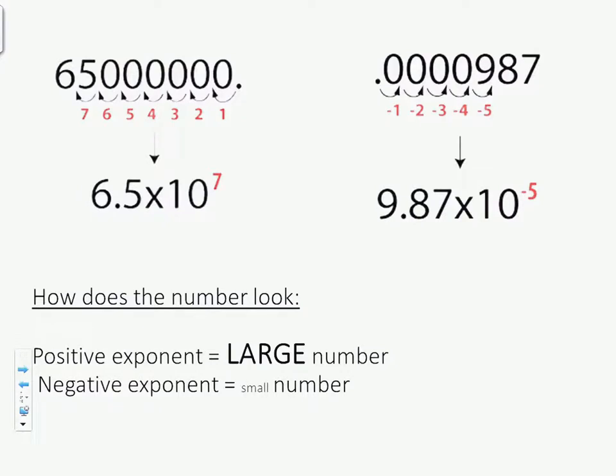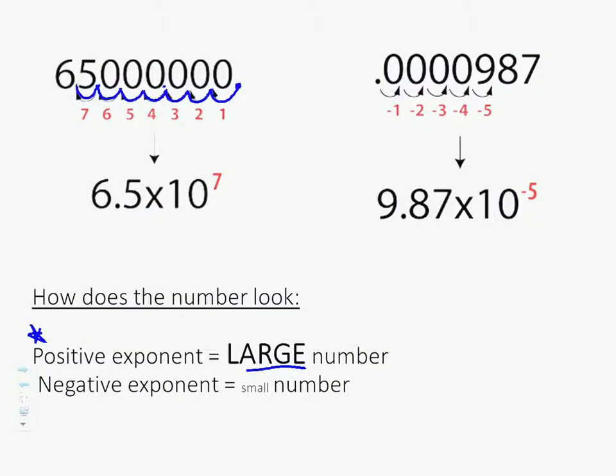When we look at our numbers, if you have a positive exponent, it should correspond with a large decimal number. Notice up here, we've got 65 million. Whenever we represent 65 million, you take your decimal point and move it to the left 1, 2, 3, 4, 5, 6, 7 times.